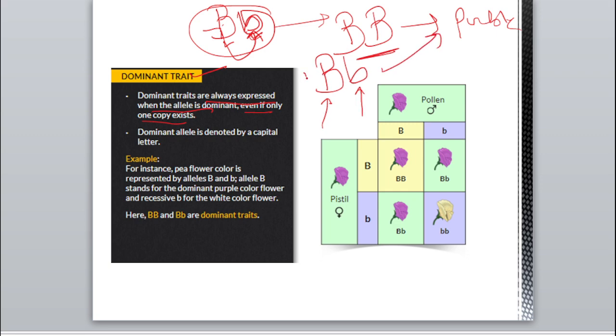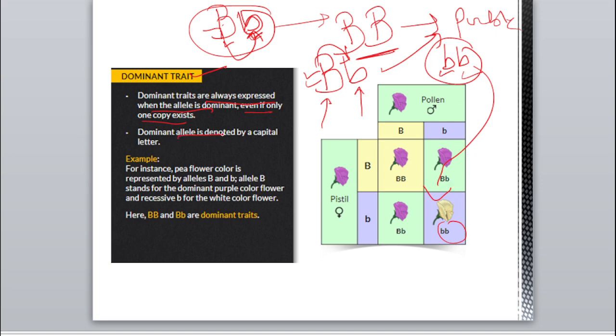Why? Because capital B is dominant over small b. But if both the alleles are recessive, it will show the white color, because both are recessive, so it is going to express that color.